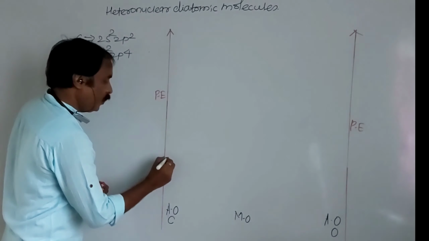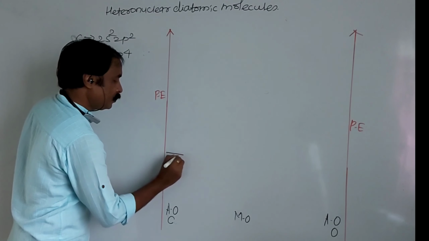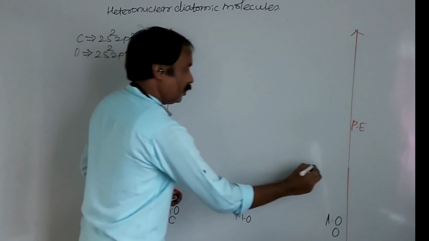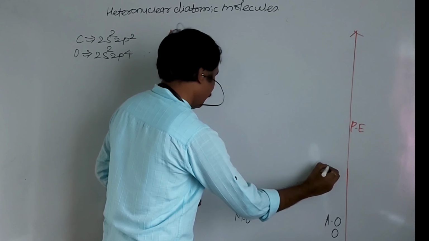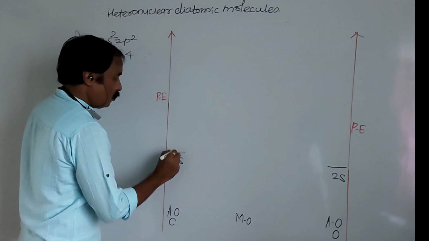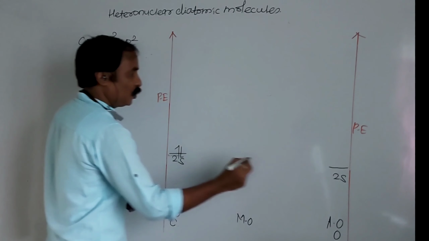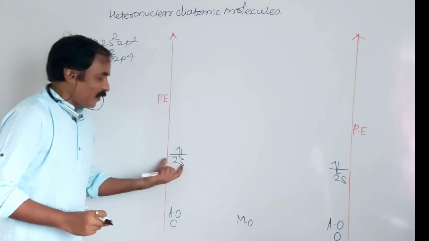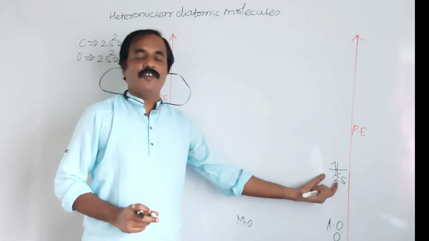Here I will take 2s of carbon. Here, a little lower, I will take 2s of oxygen. Here 2 electrons are there, here also 2 electrons. This is the 2s atomic orbital of carbon, this is the 2s atomic orbital of oxygen.